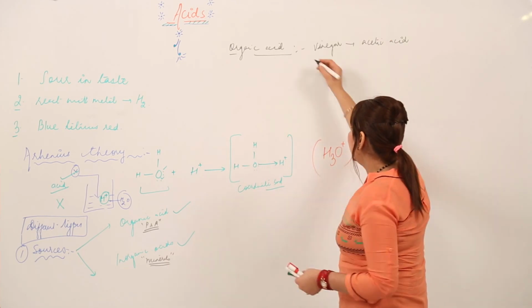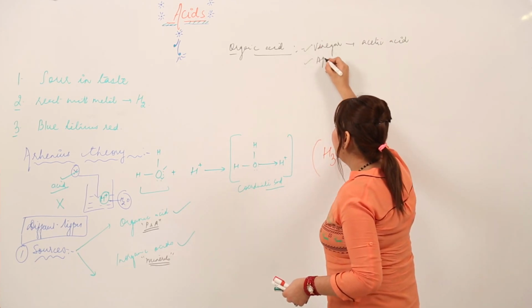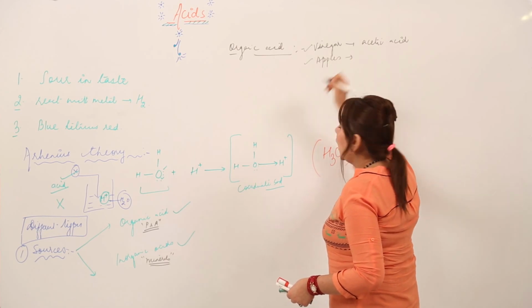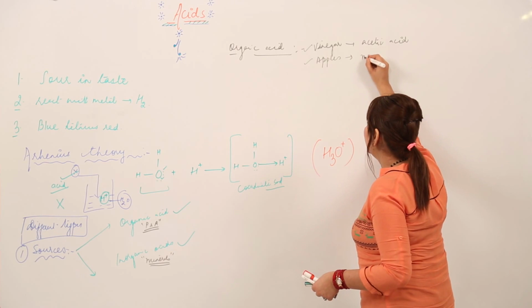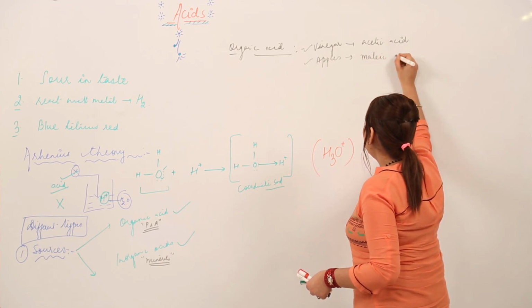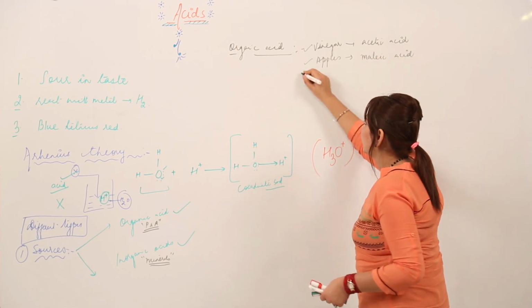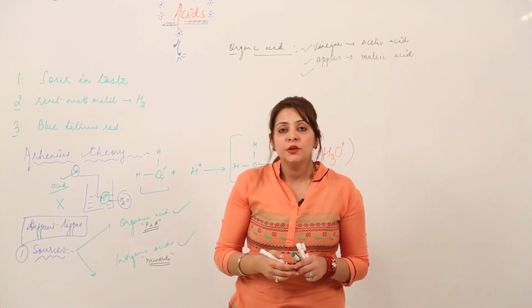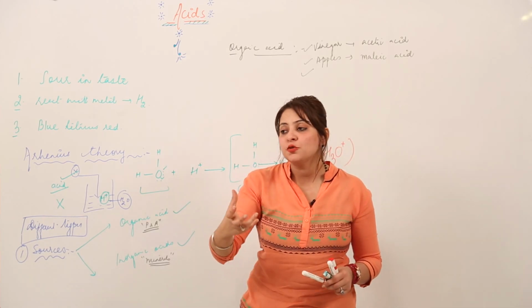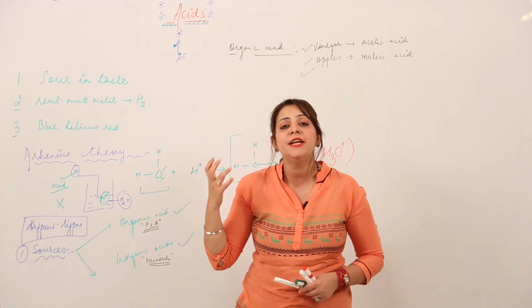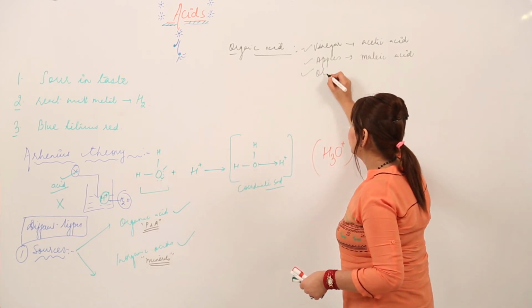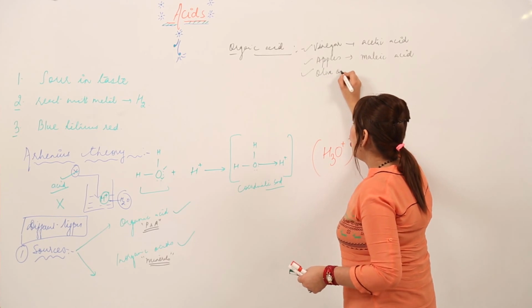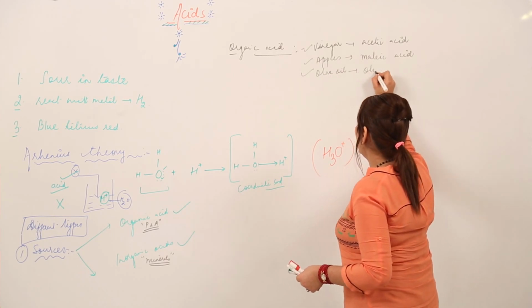The apples you eat are also acidic, and the acid present in them is malic acid. Again, olive oil, which you must be familiar with, is said to be good for the healthy growth of hair. Olive oil also contains an acid, that is oleic acid, right?